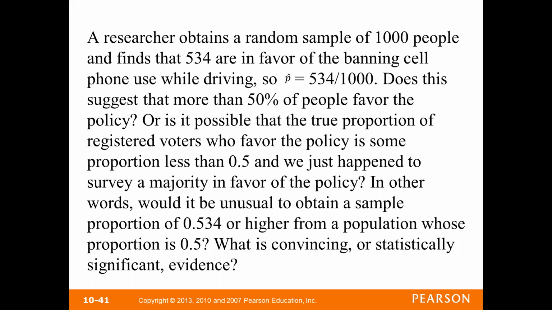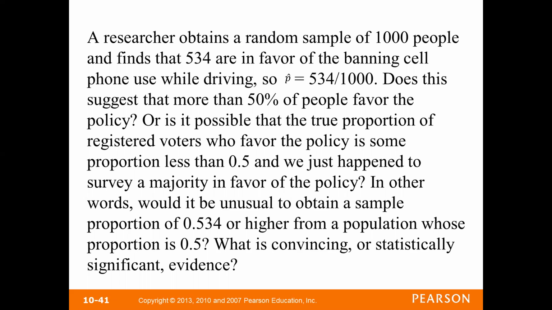We'll denote that by p hat. The question we want to know is, does that mean a majority of the population is in favor of banning cell phone use while driving? By majority, we mean: does that mean that more than 50% of people are in favor of the policy?